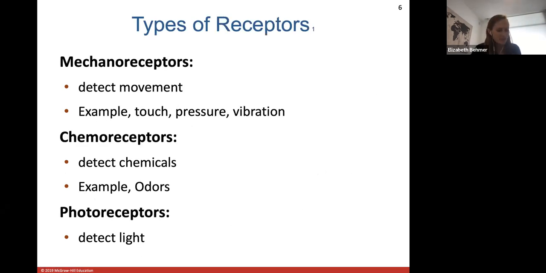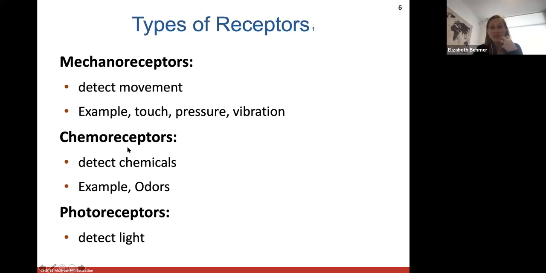We can have different types of receptors. Mechanoreceptors help detect movement. An example of a mechanoreceptor would be a touch, pressure, or vibration receptor. Chemical receptors, or chemoreceptors, help to detect chemicals like odors. So in your nose, you have chemoreceptors.